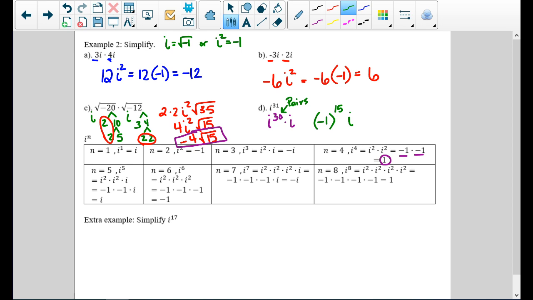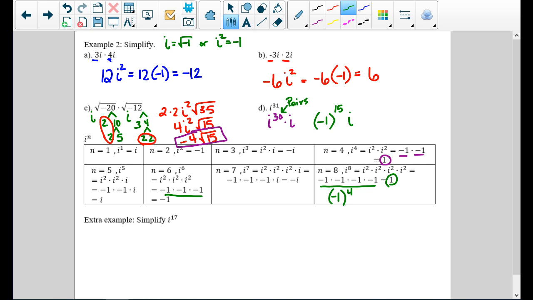Now, if I have 15 negative 1s, taking a look at my chart, 2 negative 1s makes a positive. 3 negative 1s here, n equals 6, makes a negative. 4 negative 1s here, n equals 8, makes a positive. So you can see this negative 1, i to the 8th, there's actually 4 negative 1s, taking half of that.